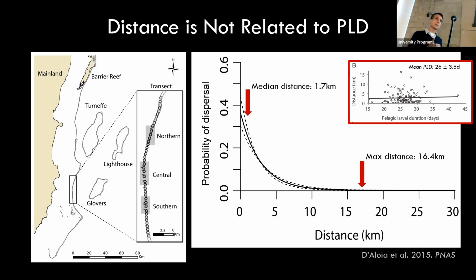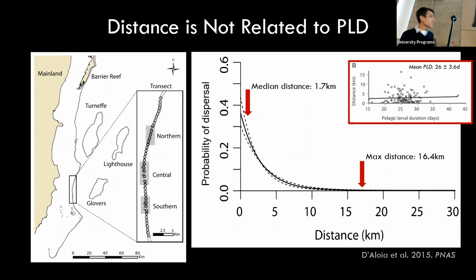Early in development, these calcium rings are deposited on a daily basis. So you can take that otolith out, polish it, and look at the rings to tell how many days it took to develop in the water column before it returned to the reef. We can tell its age at settlement, kind of like tree rings.